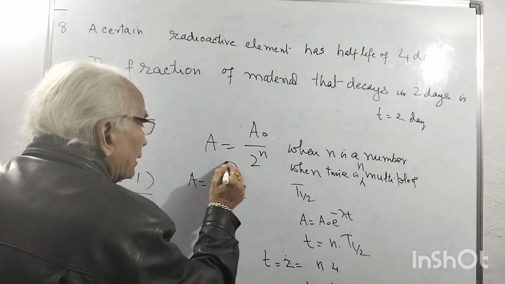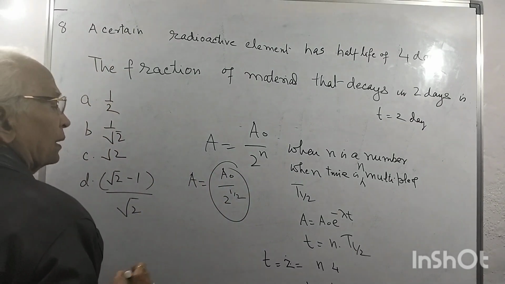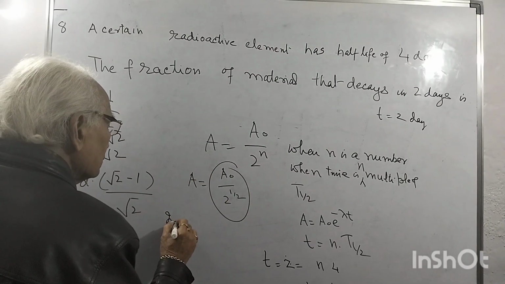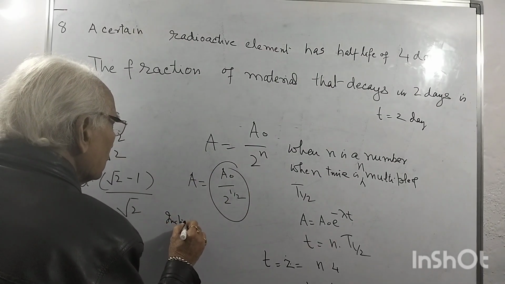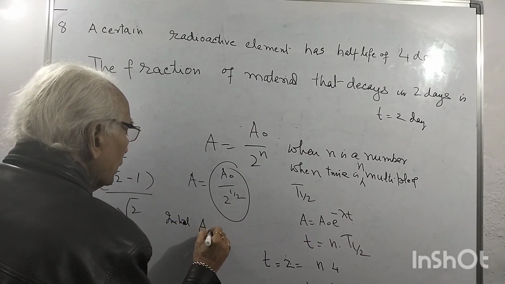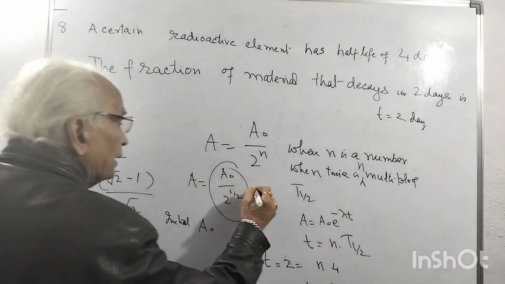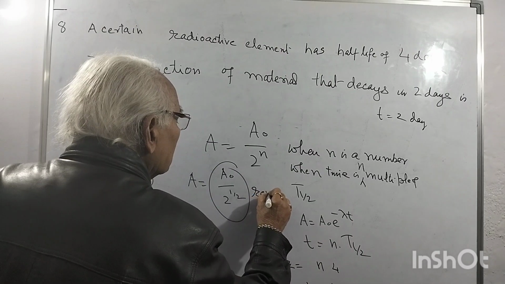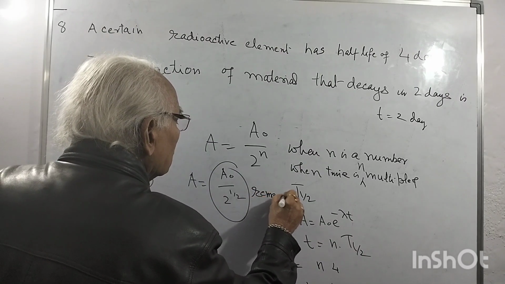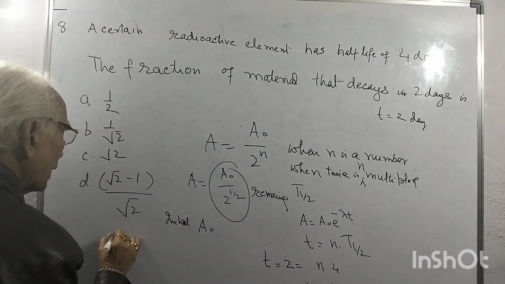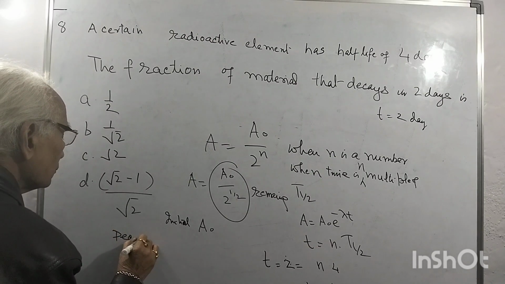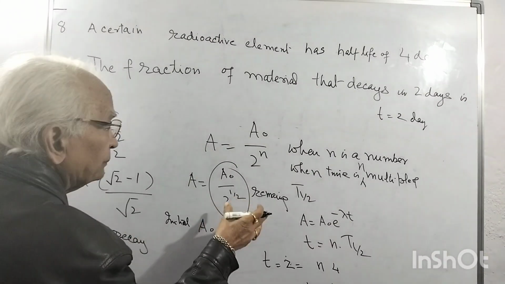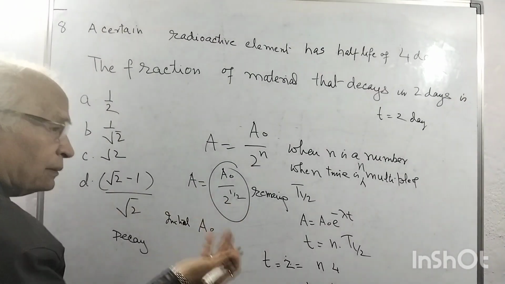This is the remaining, and A naught is the initial. So how much decays? From the initial you subtract the remaining, because this is what is available.